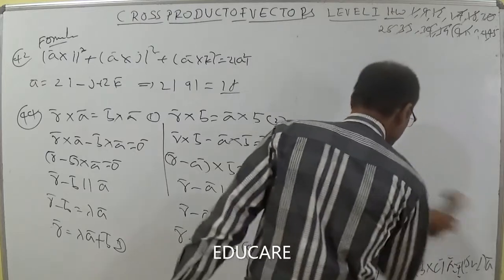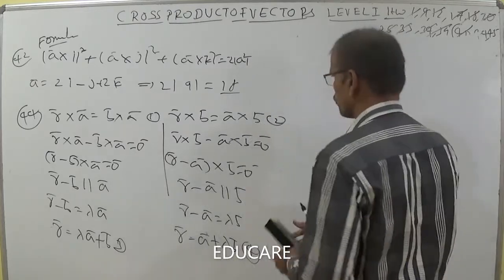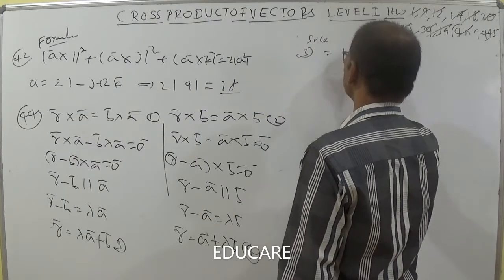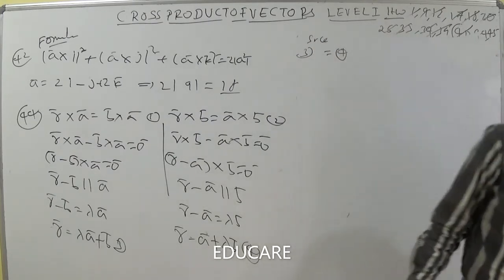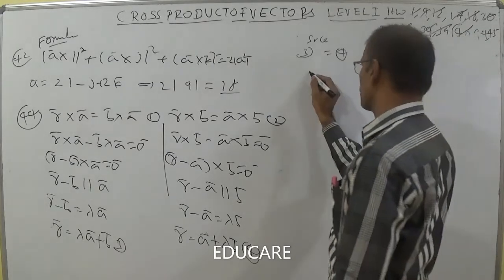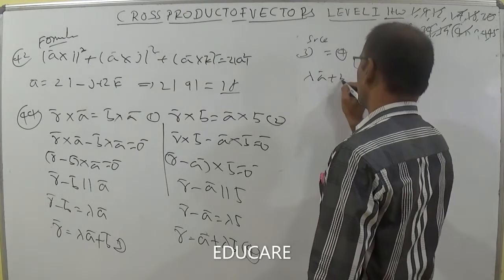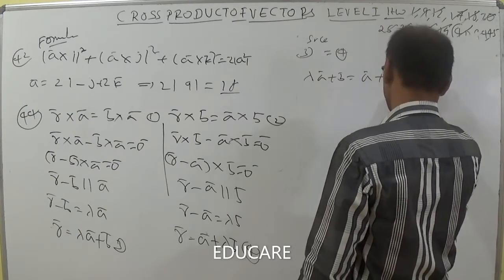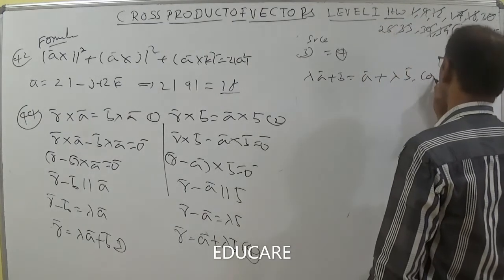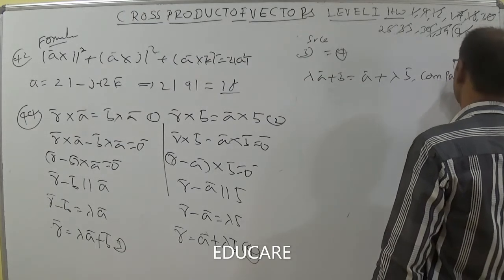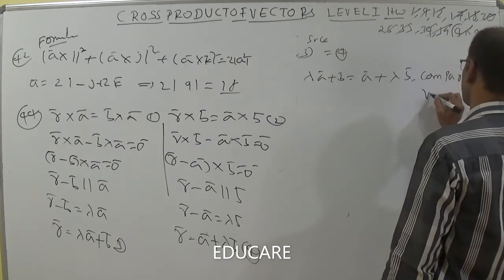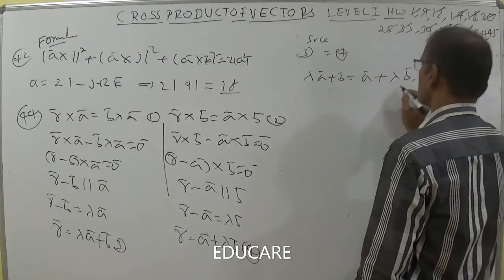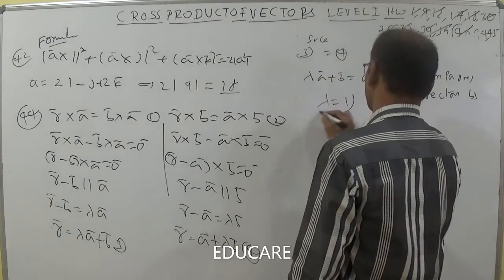So if you equate 3 and 4, since 3 equals 4, then we can write here lambda A bar plus B bar is equal to A bar plus lambda B bar. Now I am writing here, compare vectors. So comparing vectors both sides, then lambda is equal to 1, we can write.